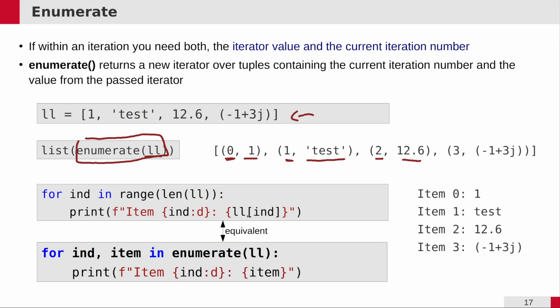And the good thing is you can use that if you have a loop where you have to access not just the elements of the list, but it's also important to know their position. So for example, if I wanted to have a printout where I'm printing the sequential number of the elements and the elements themselves, then in the loop I have to access the sequential number as well as the element, and I can do it either this way.